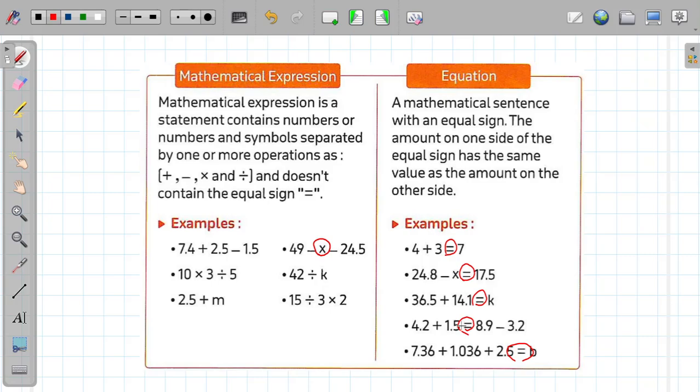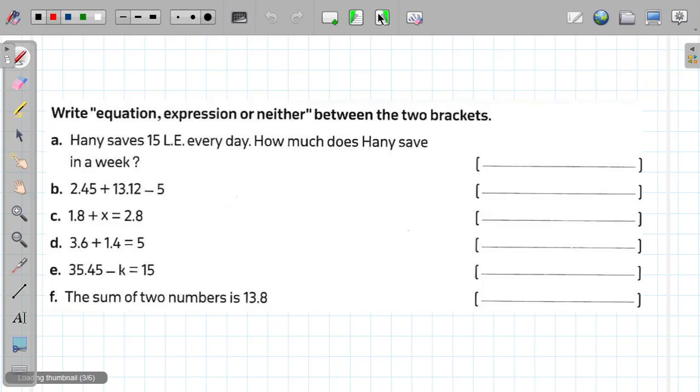Now, if I want to know the difference in examples like this, the question says: write equation, expression, or neither between the two brackets. Listen to me. Maybe I will have a sentence that I cannot call an equation or an expression. Like the first one here.